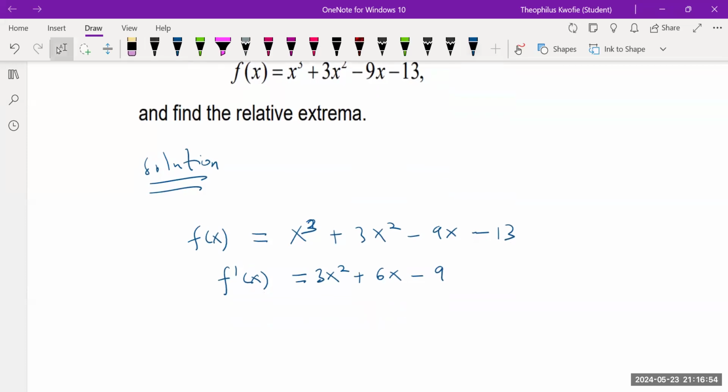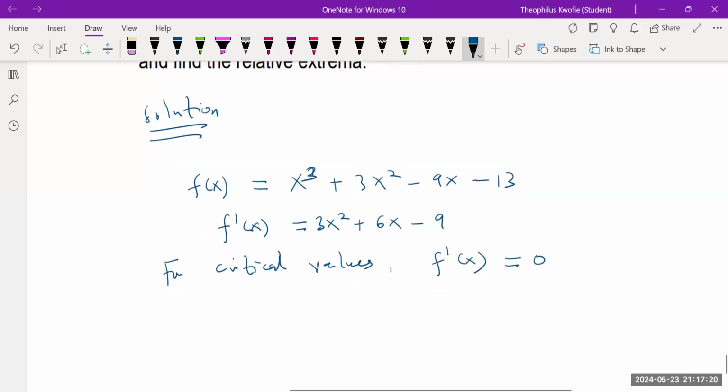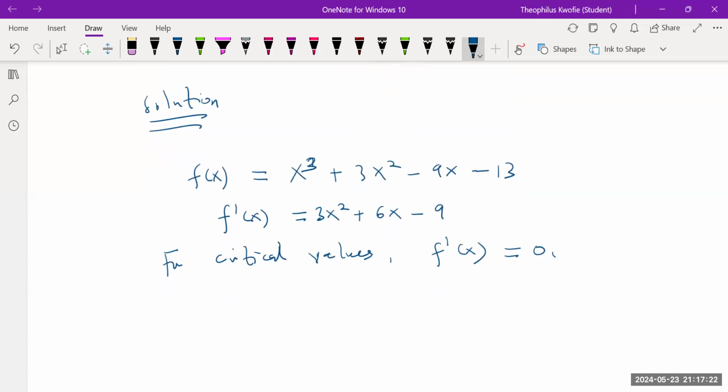So for critical values, we have f prime of x set to 0. For a polynomial, we just do it like this.